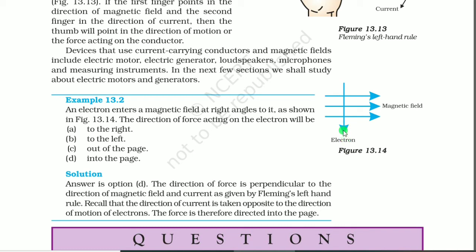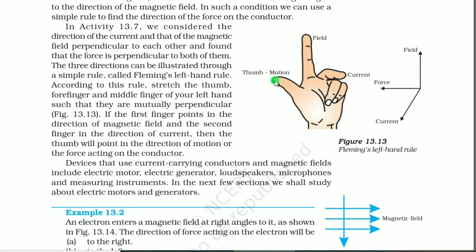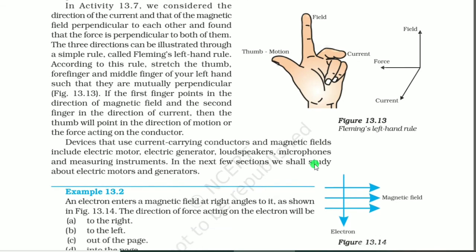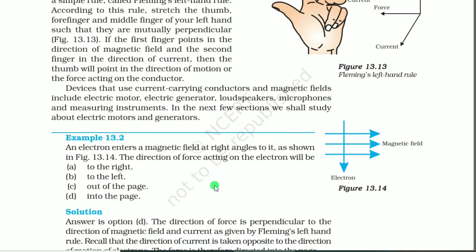If you keep your middle finger vertically downward and the index finger along the magnetic field from left to right, then automatically your thumb will indicate towards you. Okay, towards you means out of the page. So I think you have understood the answer.